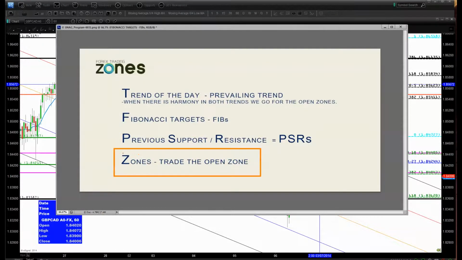How to trade the open zone, this is what we trade. So very important, extremely important: previous support and resistance. These two things are extremely, extremely, extremely important. If you know your PSRs, you will trade for those open zones.